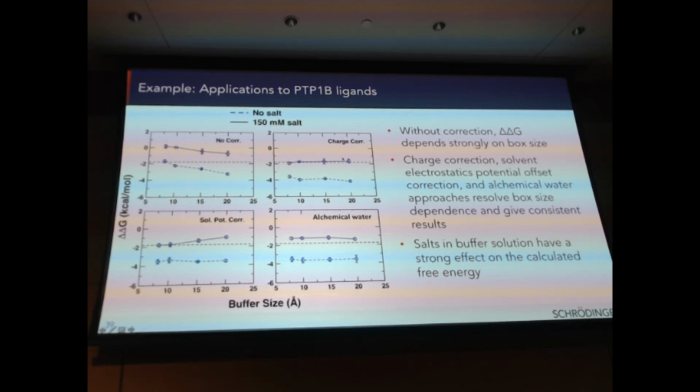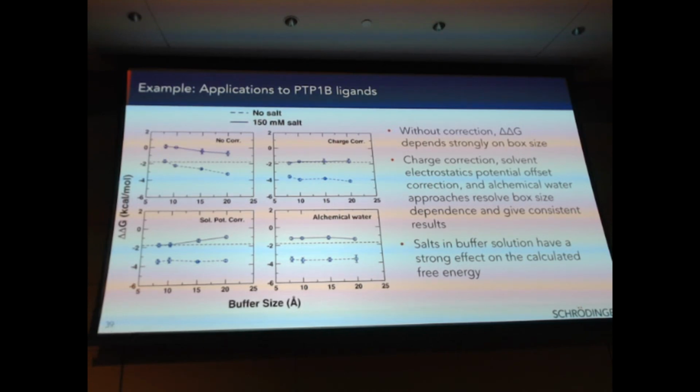Second is the charge that uses the PB correction to correct the artifact in the long-range electrostatic interaction calculation, similar to what Steve Rocklin and David Mobley introduced in their paper. The third method uses the solvent electrostatic offset potential correction, similar to what Professor Benoit Roux introduced in his paper. And the last one is the alchemical water approach I just mentioned in the previous slide.